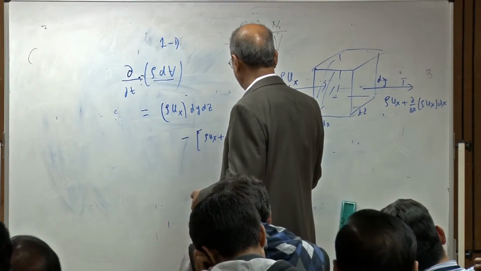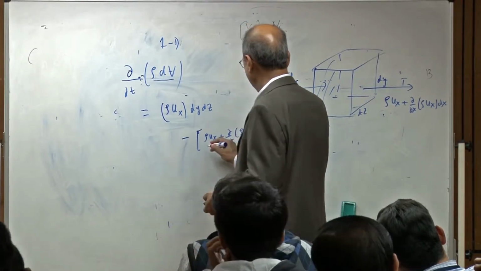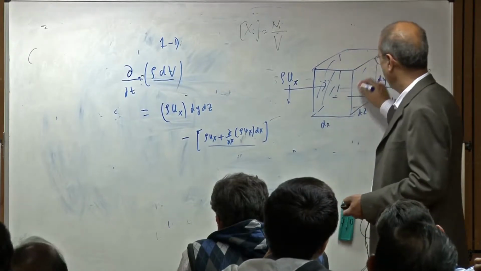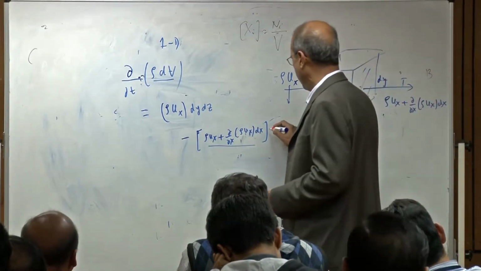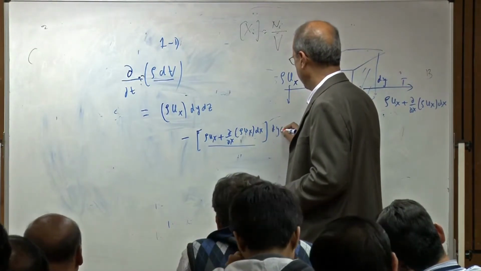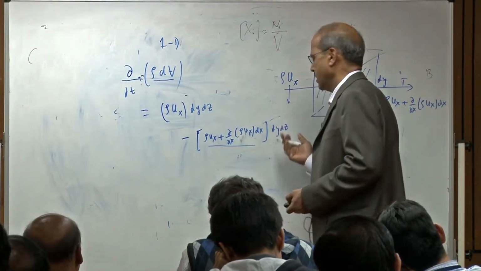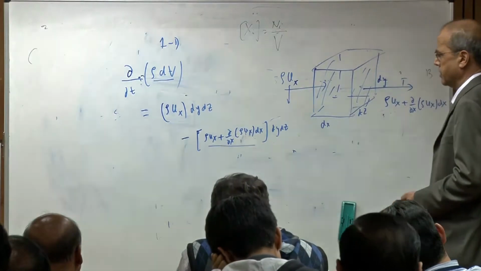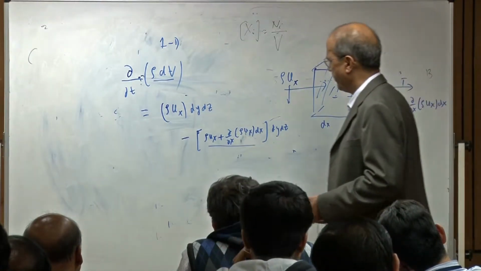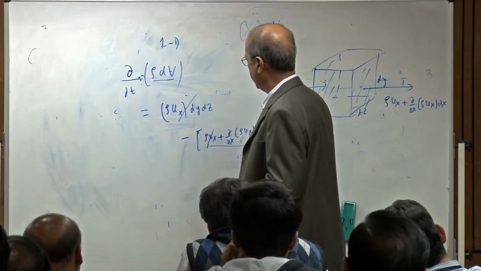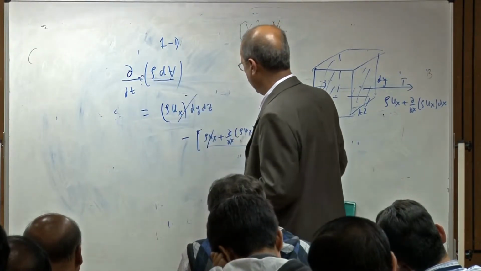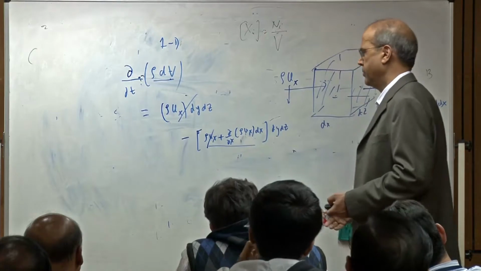So this is the main thing to understand, how these properties are changing in x. This is the mass flux on this face, coming out, times the area, which is dy dz. So for the one dimensional case, that is it. This term cancels with this term, and then you divide by the volume.